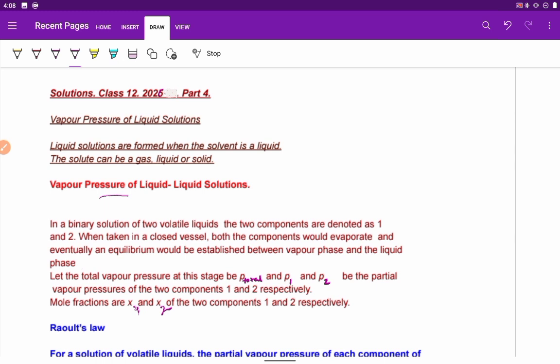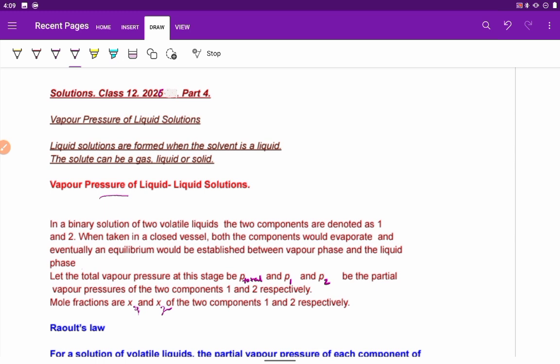Now see, first of all, in a binary solution of two volatile liquids, the two components are denoted as 1 and 2. When they are taken in a closed vessel, both the components would evaporate and eventually one equilibrium will be established between the vapor phase and the liquid phase.